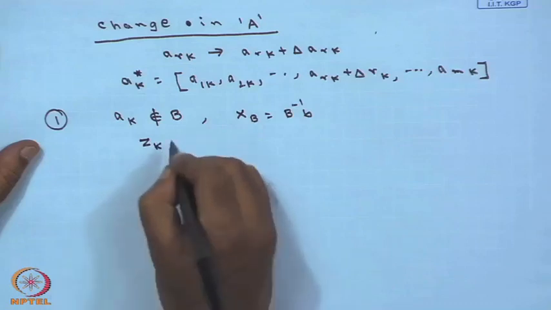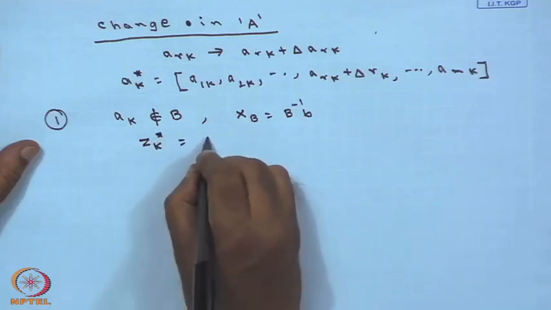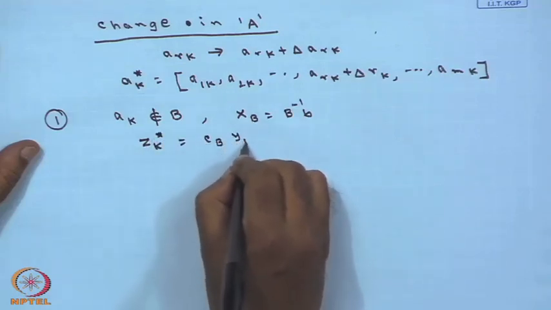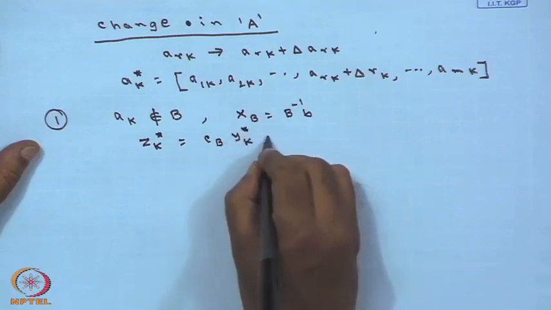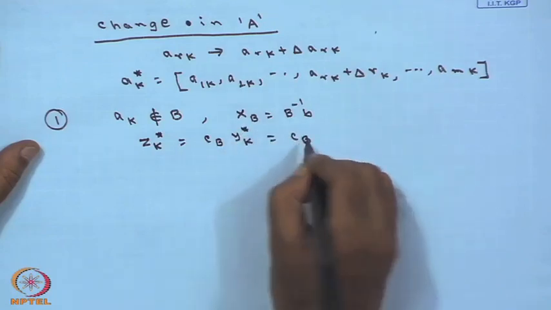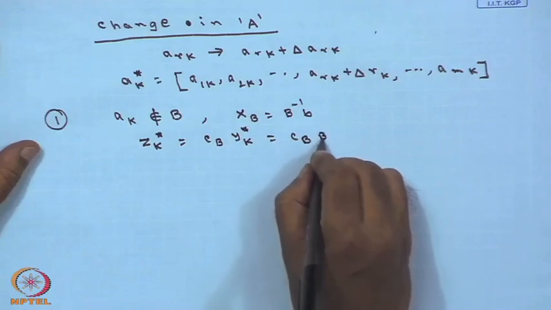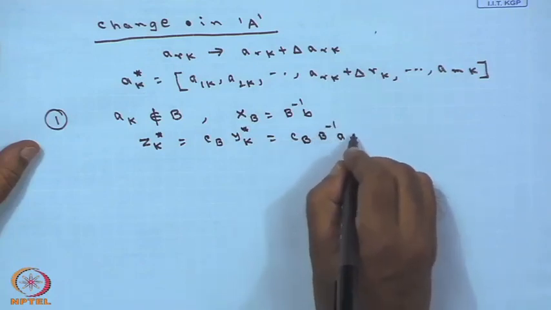Now, what is your z_k star? Your z_k star is C_b y_k star. So, you can write it as C_b B inverse a_k star.